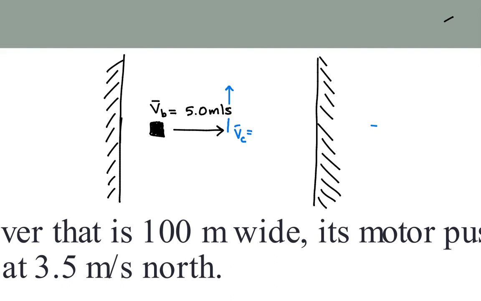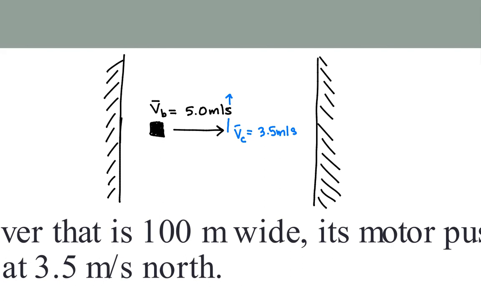Velocity current. 3.5 meters per second. So my blue arrow should be a little bit smaller than my black arrow. I'm not sure if that's been clearly demonstrated, so I will do it a little bit differently. Why is that the case, you guys? Yeah, 3.5's magnitude is smaller than 5. Excellent. And the arrow's size gives some indication of the magnitude.